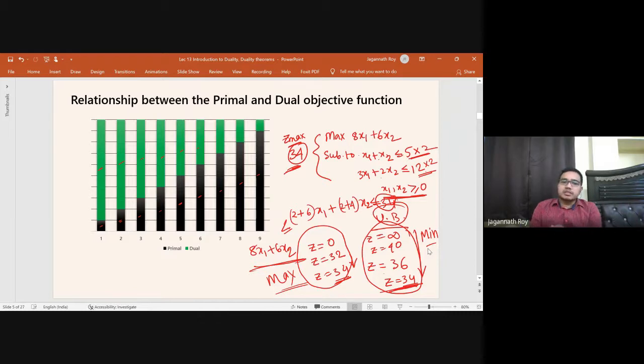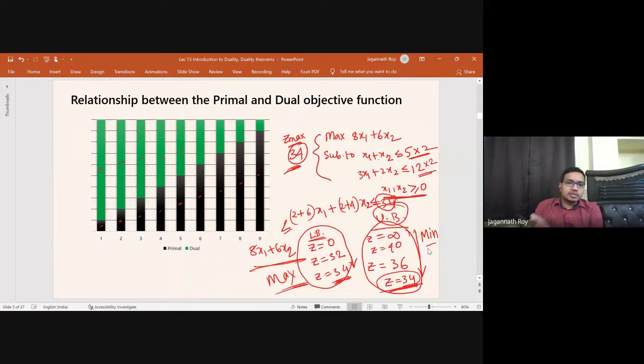This is actually calculating the lower bounds. So this value will be at least this much. When this maximum value and this minimum value coincide, then we call it an optimal solution.